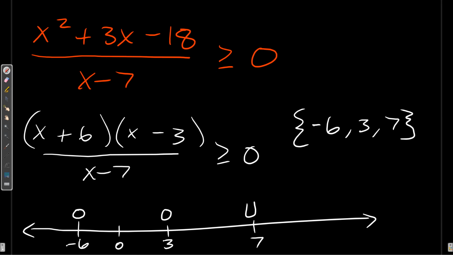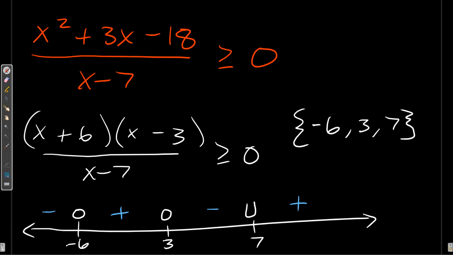Now on the number line, 0 lives right there. So that is the one I will do first. If I put a 0 in for all of these x's, then I would have a positive number times a negative number times a negative number, or divided by a negative number, and the result is that it's positive. And you can bet that it just alternates like that.